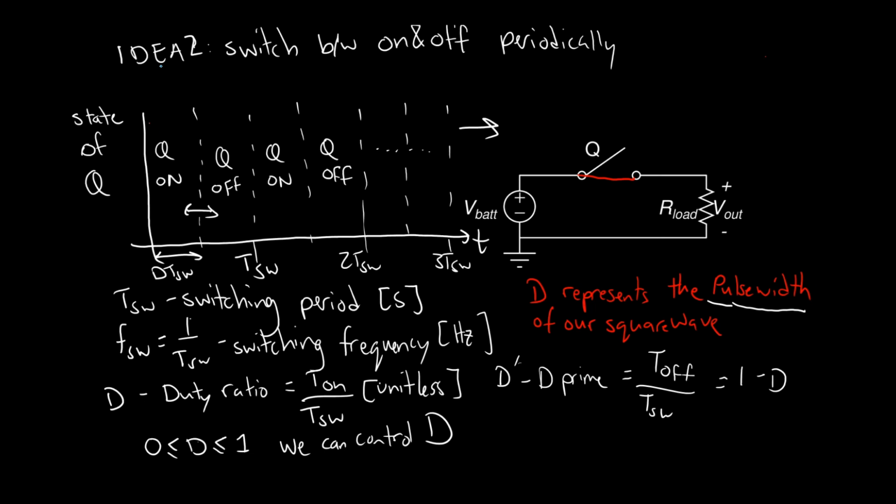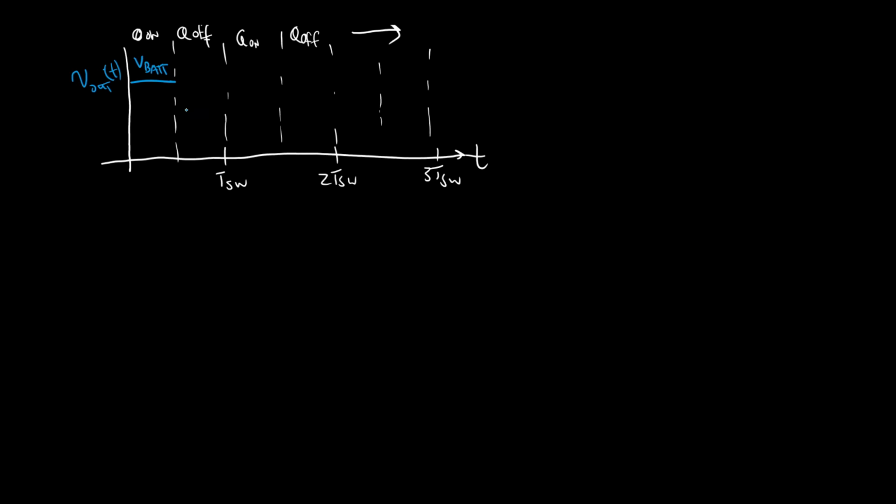When Q is off, we have an open circuit, which means that no current flows to the load resistor, and Vout must be 0. So Vout becomes 0. And then we repeat, right? The next switching period, Q is on again, the output voltage goes to VBAT, Q goes off, output voltage goes to 0, and again, we repeat.